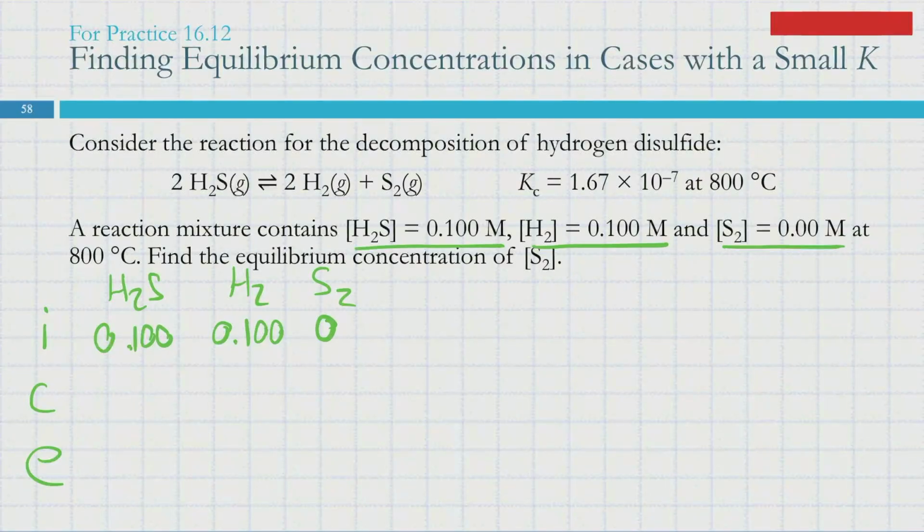Our change values for hydrogen disulfide, dihydrogen. Anyway, for our concentrations here, we're going to lose 2x. For H2, it's a product, we're going to gain 2x. And for our last one, we're going to gain x.